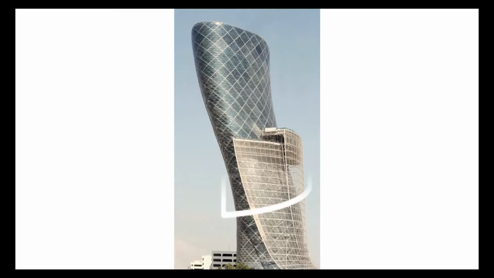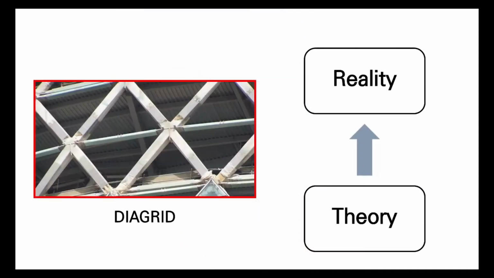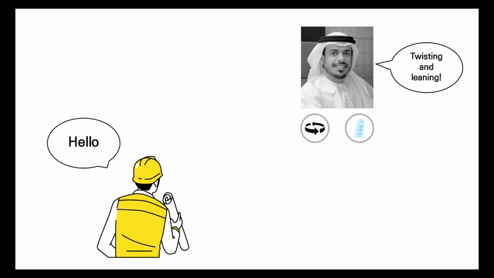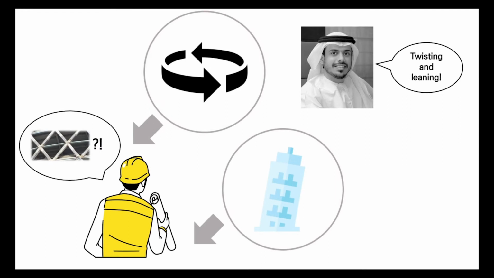So, to make this twisting, leaning design, the diagrid had to be turned from theory to reality. But starting from the construction, the constructors faced serious problems realizing the complex and almost impossible diagrid form in this twisted shape.